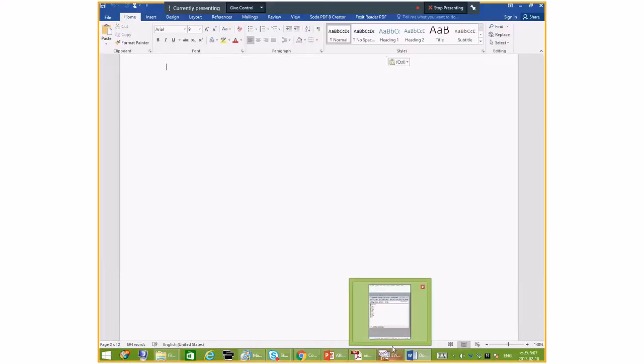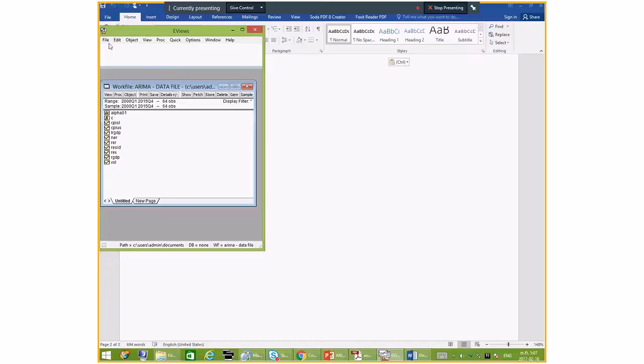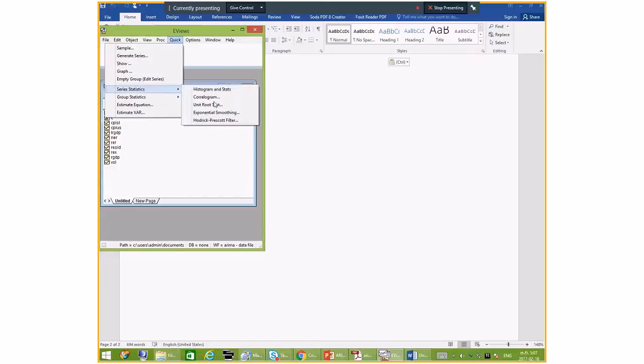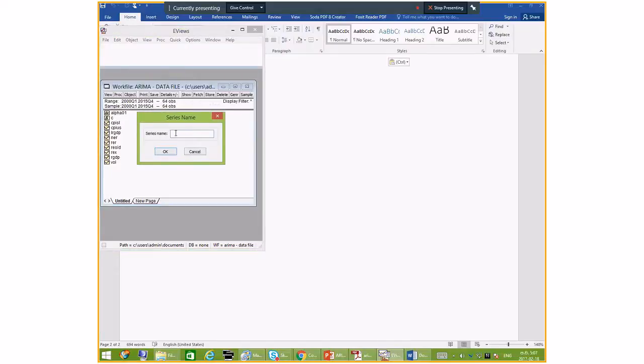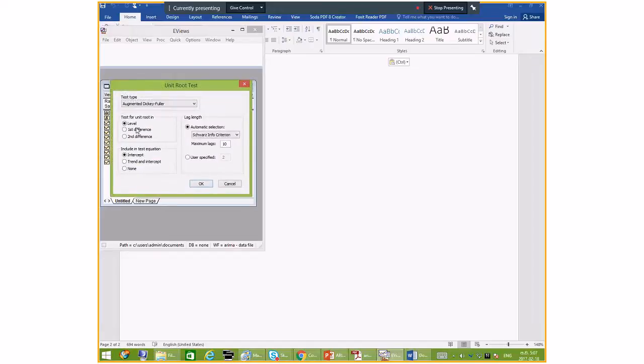Go to the file and check Quick, Series Statistics, Unit Root Test. The series is LRGDP. Then go to levels, select levels, and then trend and intercept.